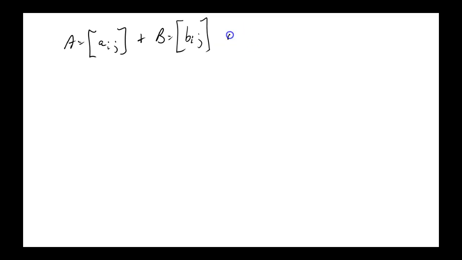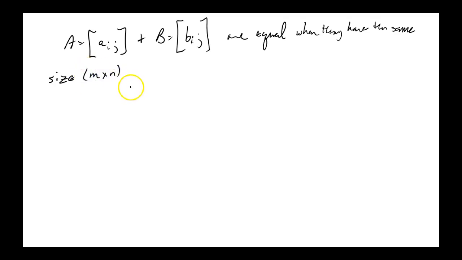These are equal. Two matrices are equal when they have the same size. That is absolutely necessary. When they have the same size, let's call it m by n. That's what we've been using. Okay?